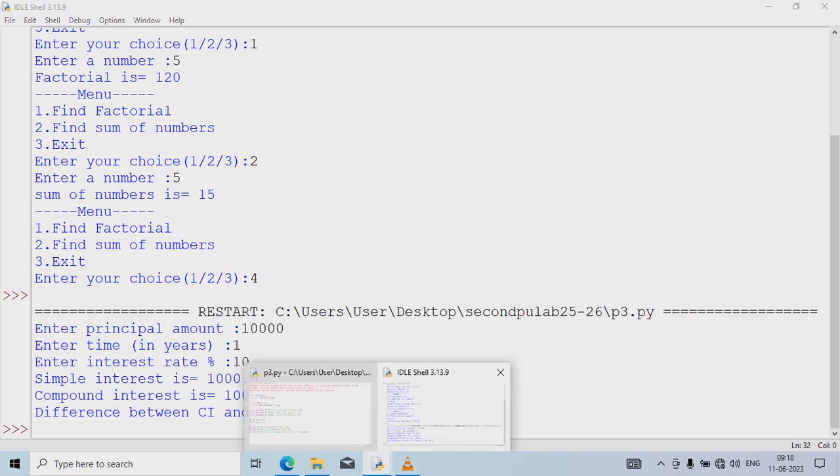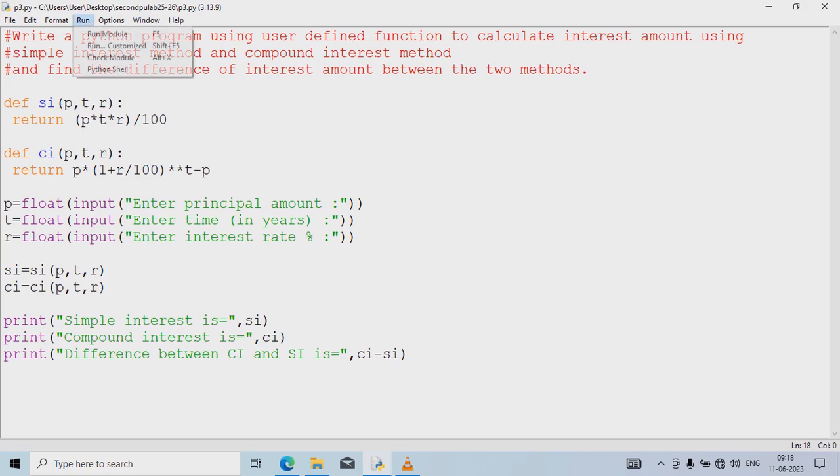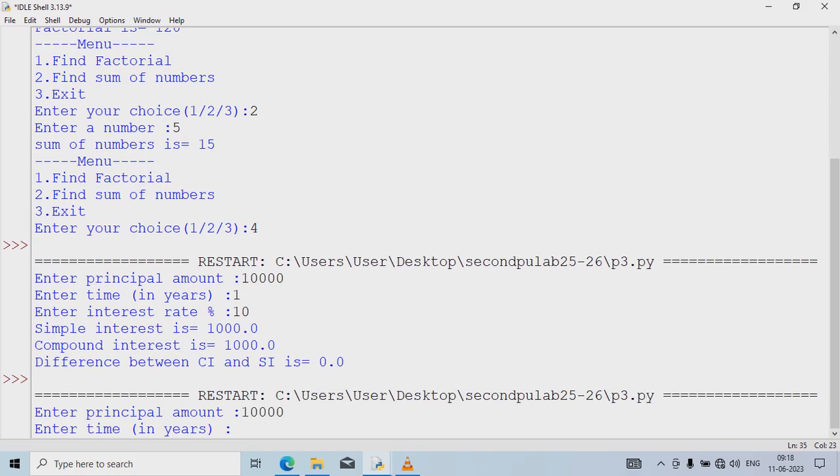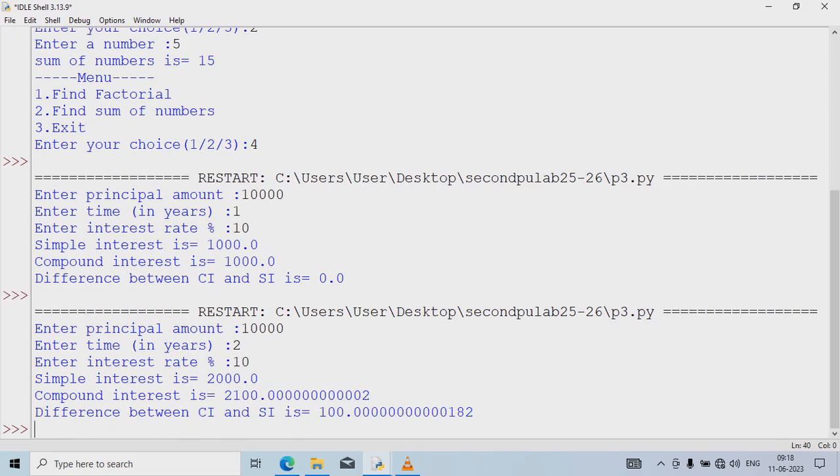As I told, compound interest will be calculated on accumulated interest. Again I am going to execute the same 10,000. I am going to keep it for 2 years. The percentage is 10. Now you see the simple interest for 2 years is 2000, but compound interest is more, 2100.